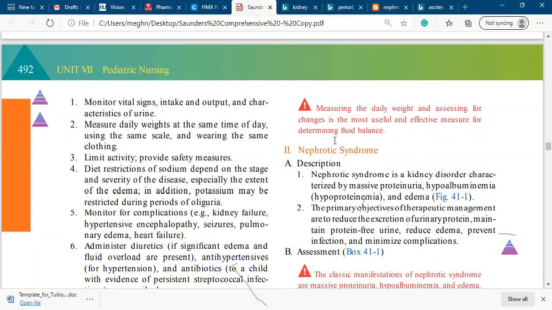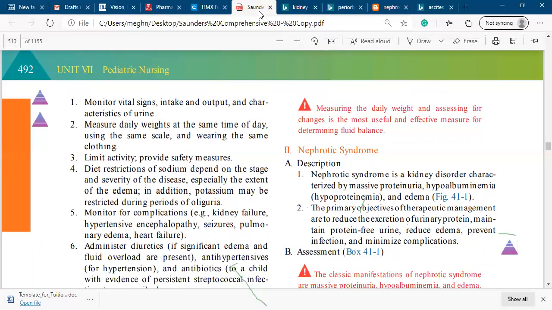If the baby is 120 pounds today, 130 pounds tomorrow, 145 pounds the day after, it means fluid is accumulating in the body, not expelled through the kidney, right? So edema or fluid accumulation we can measure by daily body weight measurement. These are tools we have to know for the NCLEX board.